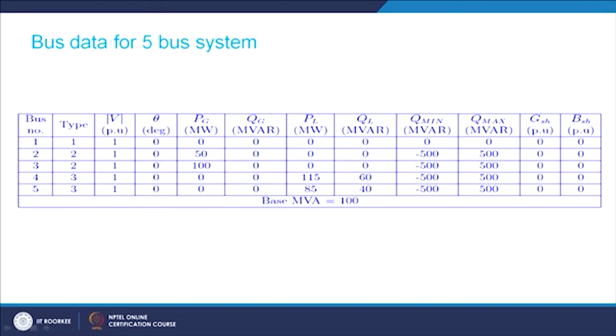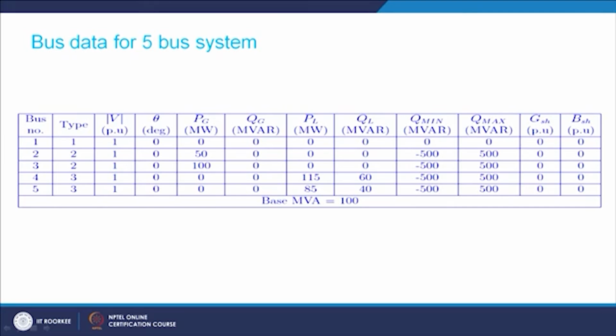And for bus 4 and bus 5, because these are not generator buses, there is no PG here. And for QG there is no such specification. Please remember that when we specify any quantity at any bus, we specify Q only for the load buses. For no generator Q is specified. So, this column is 0.